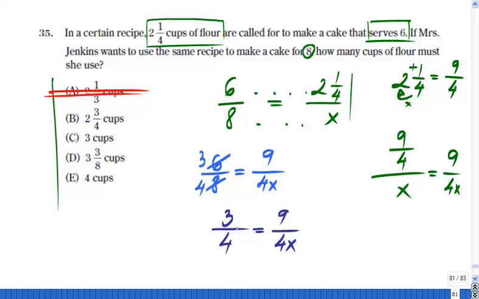To solve a proportion, you can go with the cross products: 3 times 4x should be the same as 4 times 9.